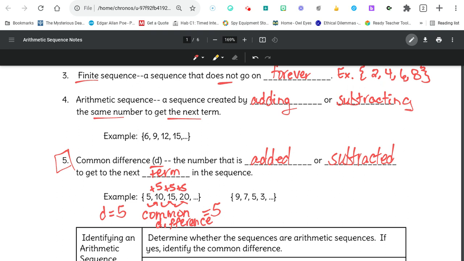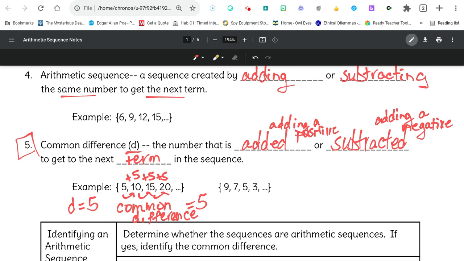Your difference can be negative because you're subtracting. Basically, when it says adding or subtracting, you can think of it as adding a positive, and think of subtracting as adding a negative. Adding a negative is like subtraction. So here, you can think of this as subtracting 2. 9 minus 7 is 2, or saying 9 plus negative 2.